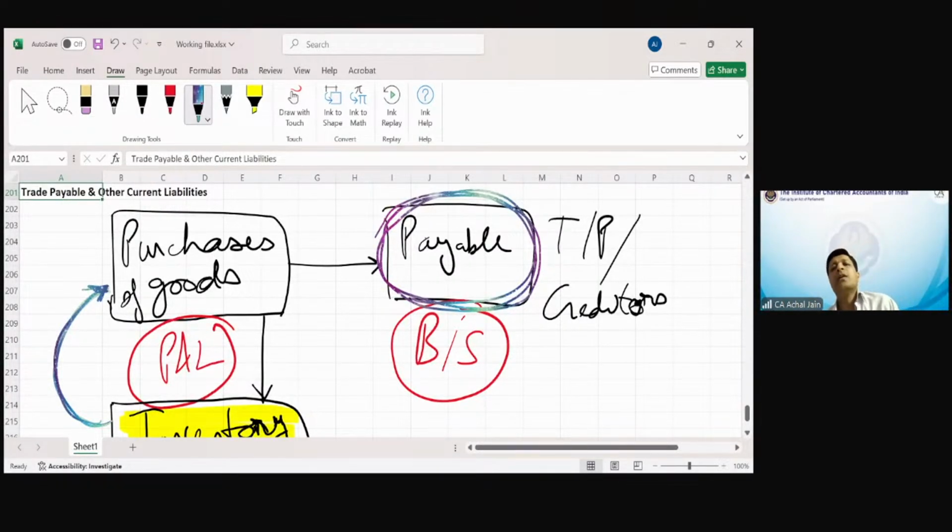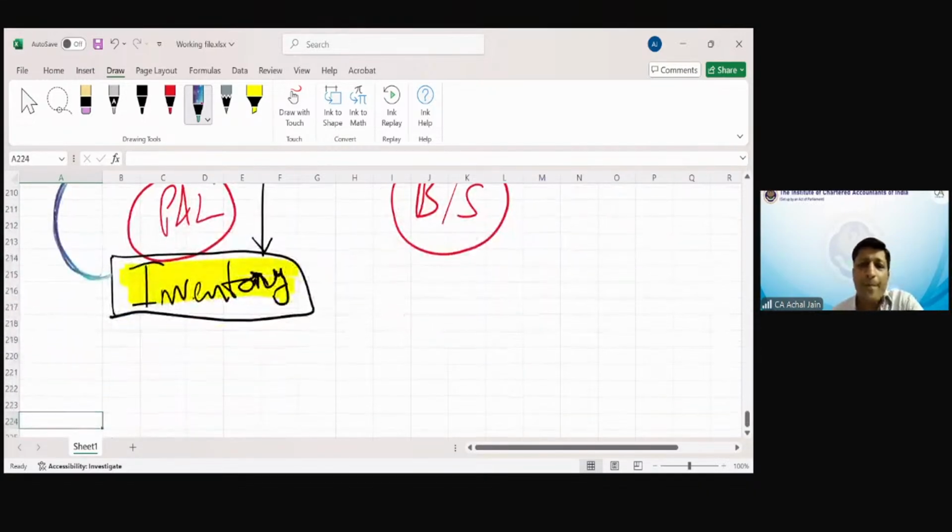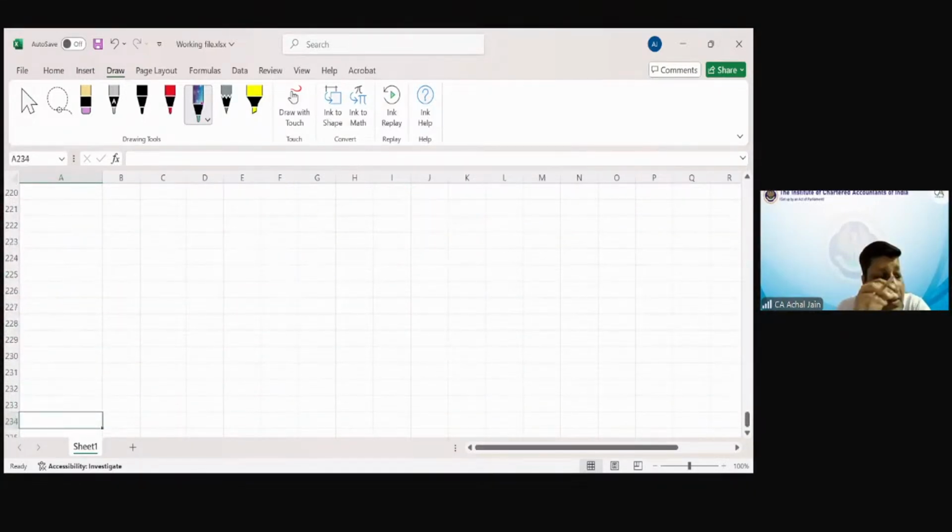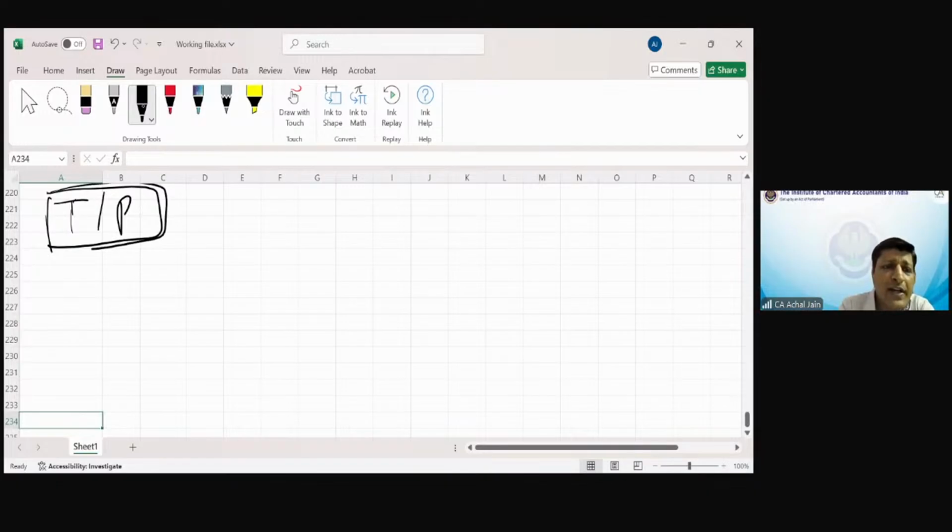Correct. So that's how we'll approach this. Now, in relation to payables, let's talk about trade payable. What are some of the procedures you'll get to see?